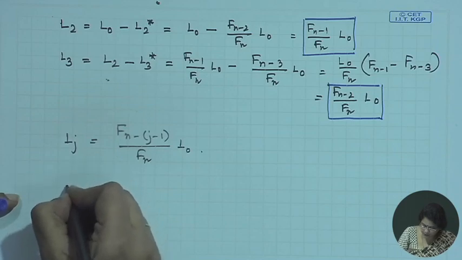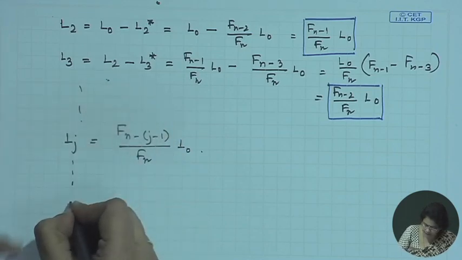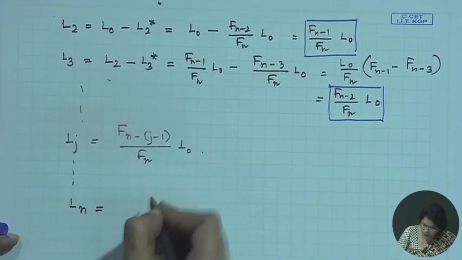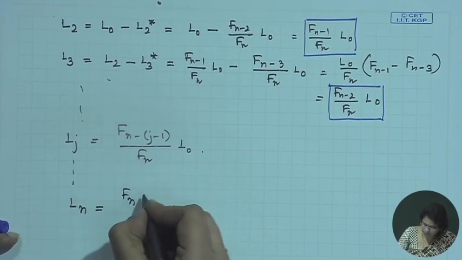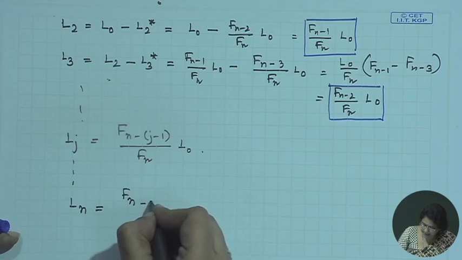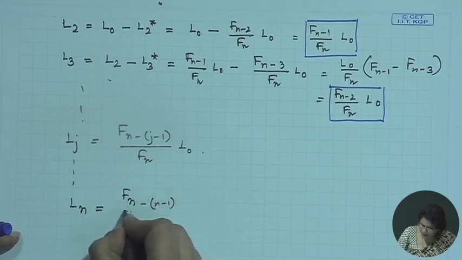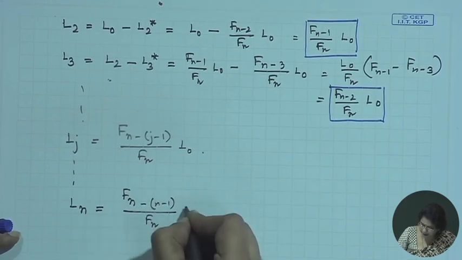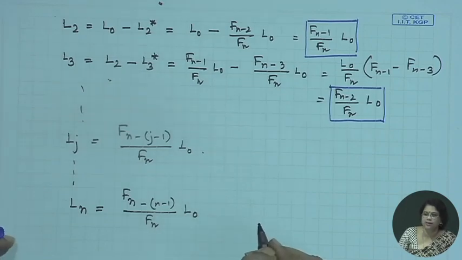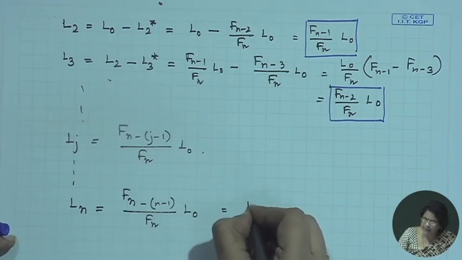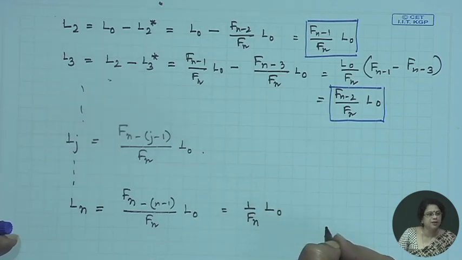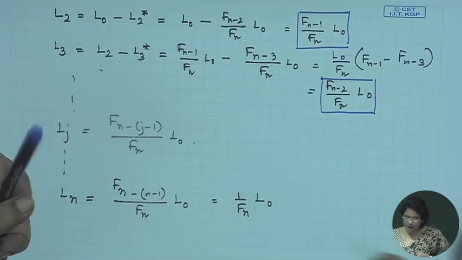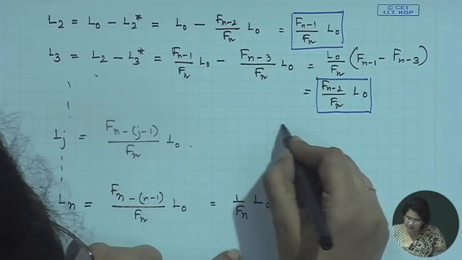If I go further, Ln would be equal to F n minus n plus 1 divided by Fn L0. This is equal to nothing but 1 by Fn L0.